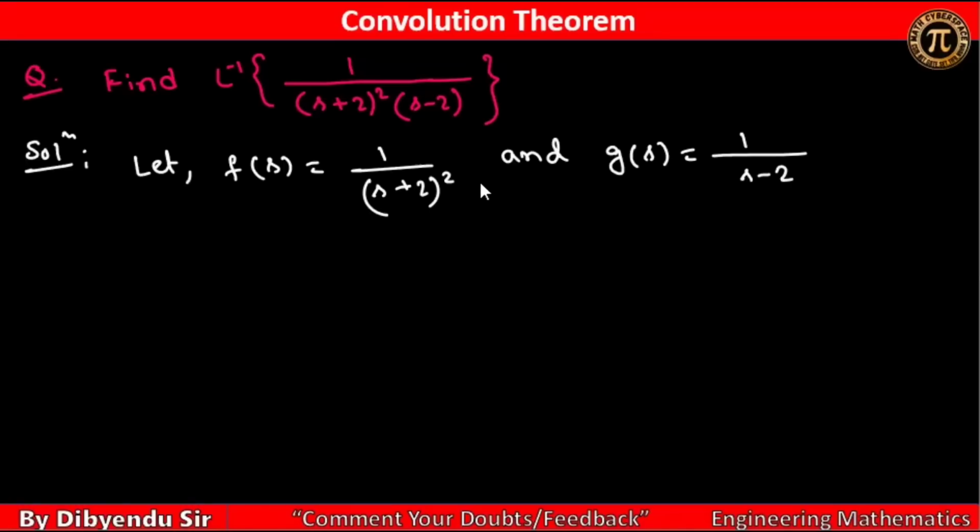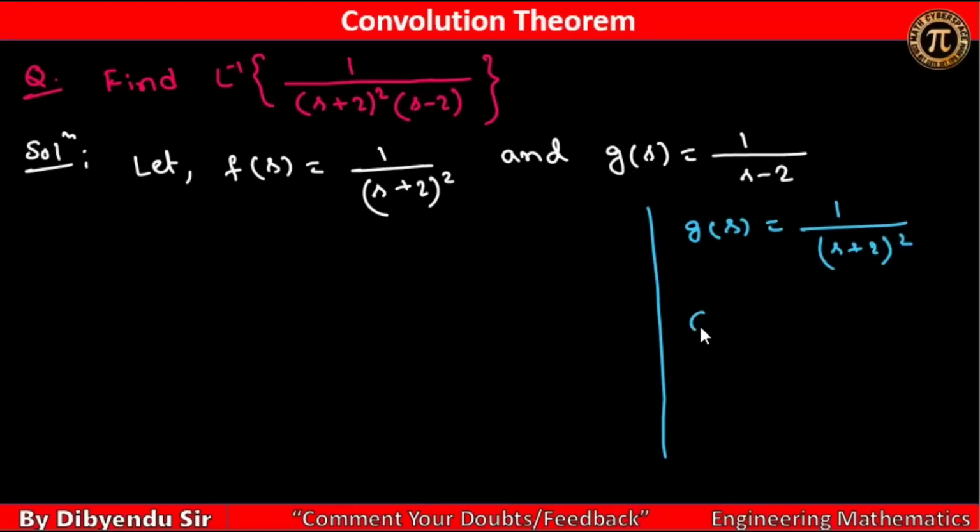Yes, you can solve it, but you have to choose the one by which you can solve this problem easily. If I take F(s) as 1 by (s minus 2) and G(s) as 1 by (s plus 2) whole square, first suppose you take G(s) as 1 by (s plus 2) whole square.